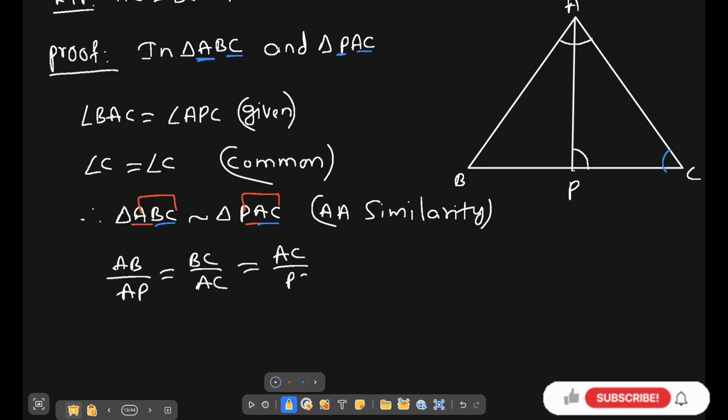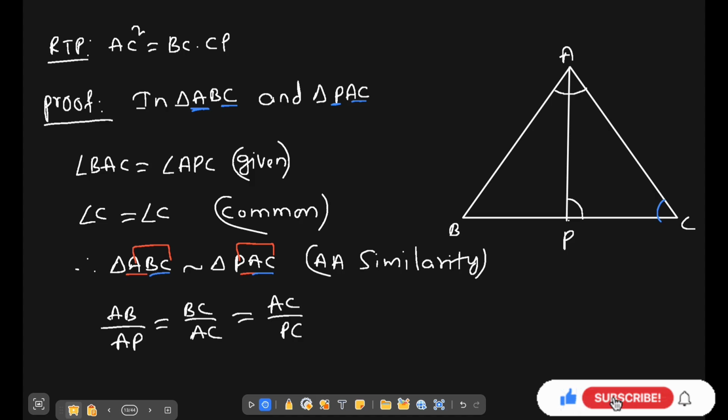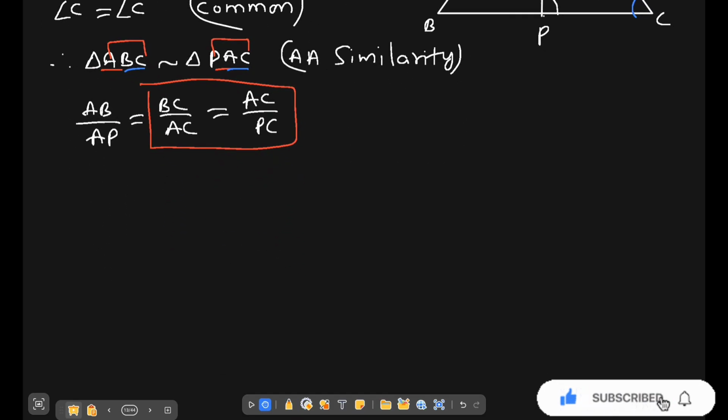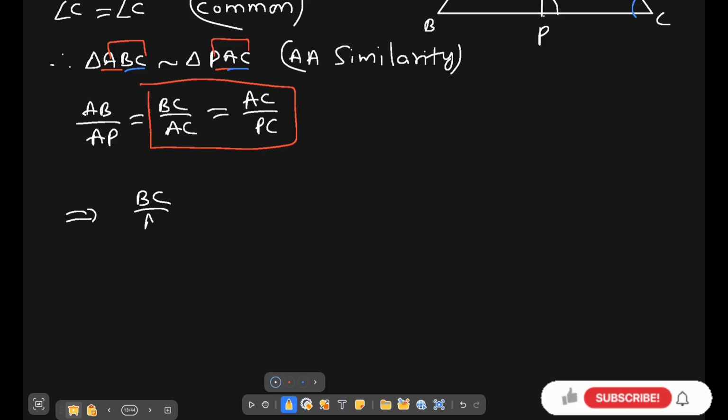In what is required to prove, what do we have? AC square, we need two ACs, and we need BC, CP. So for that, which fraction do we have to take? Here we have two ACs, BC, PC, so you can take BC by AC is equal to AC by PC.